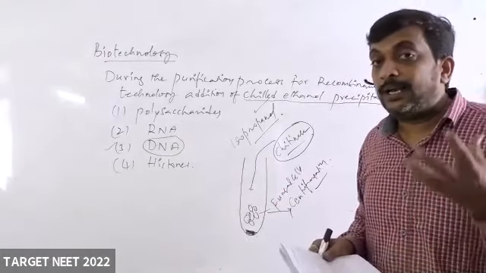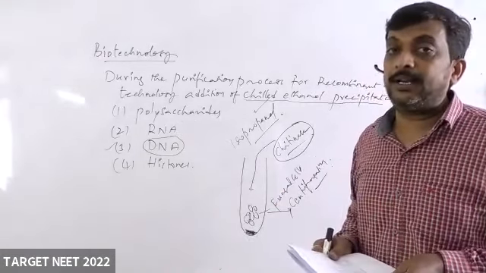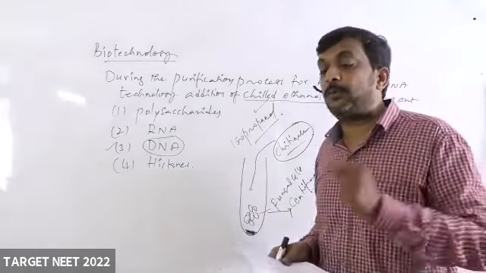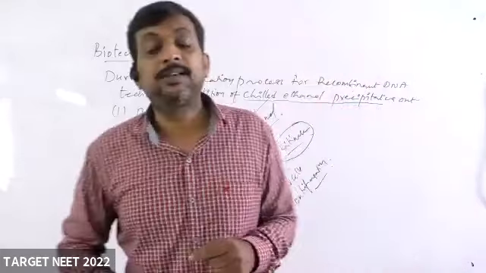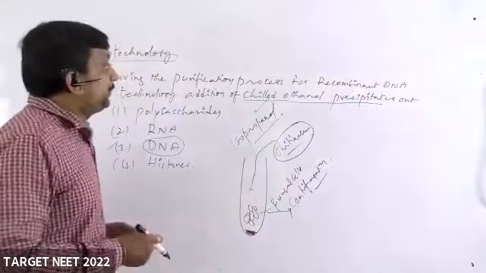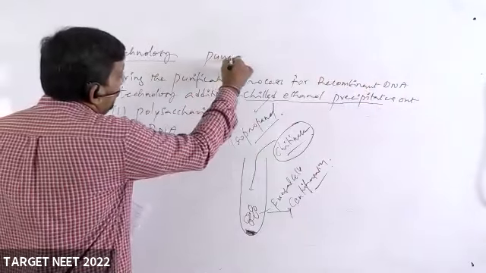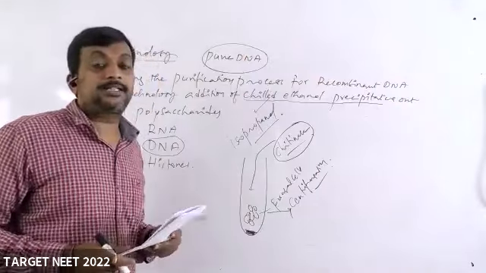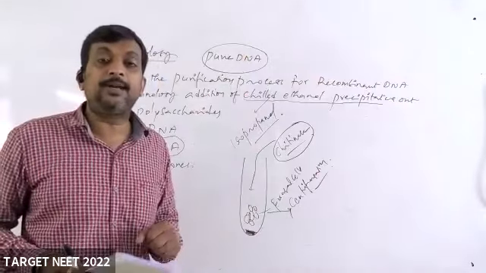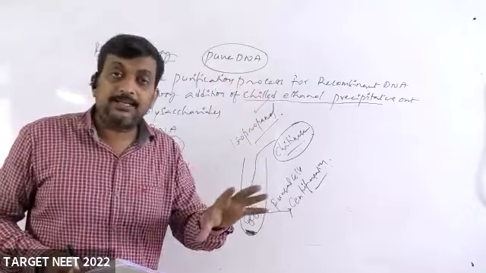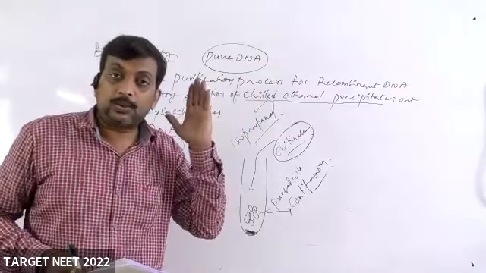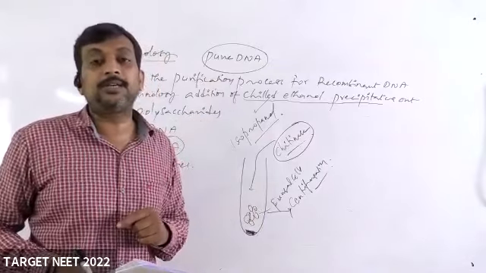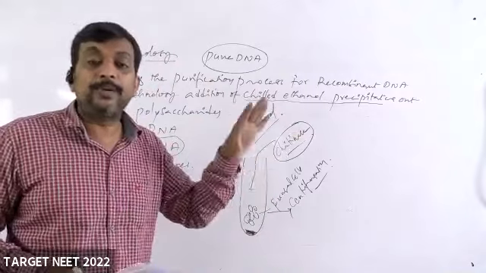Now, why is a pure form of DNA required in molecular research or biotechnology? The reason is that only if the DNA is pure are the restriction enzymes able to recognize it and cut the DNA molecule at a particular sequence, which we call the palindromic sequence.